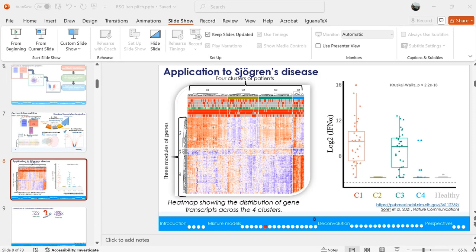And actually, when we reran the analysis and tried to characterize the patient clusters that have been automatically retrieved from data-driven approaches in Sjogren's disease, we noticed that most of the discrepancies observed across clusters were driven by changes of cell composition rather than activation of cellular pathways, of transcriptomic pathways, sorry.